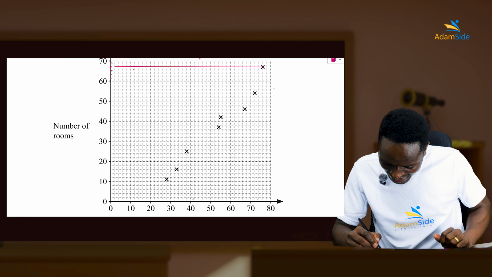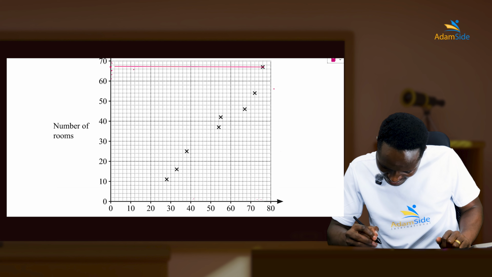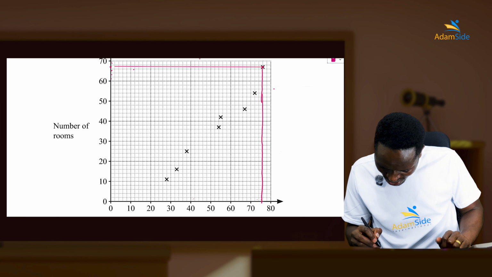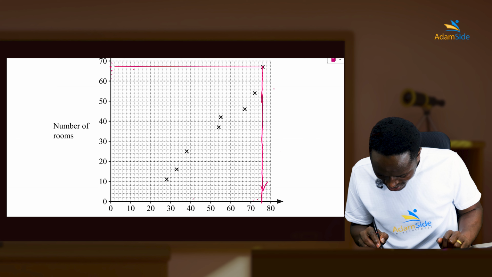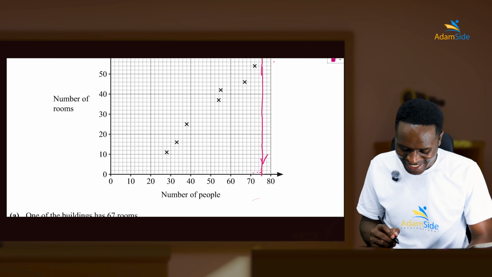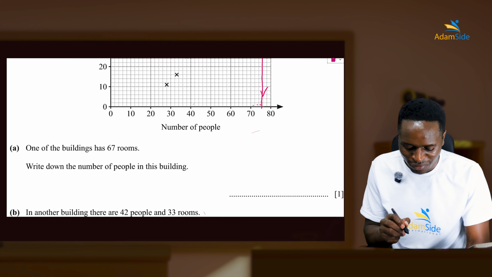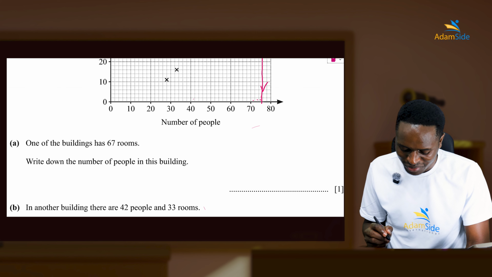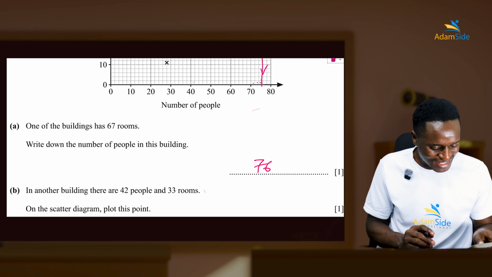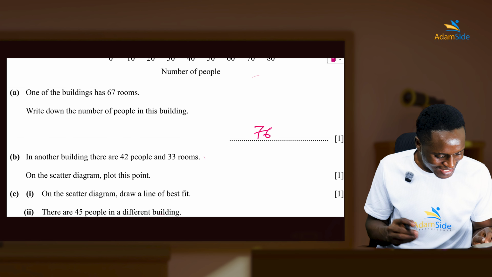Then if you go across here, our scale will be 1, 2, 3. Correct, 76. That becomes our answer. If the number of rooms was 67, the number of people will be 76.